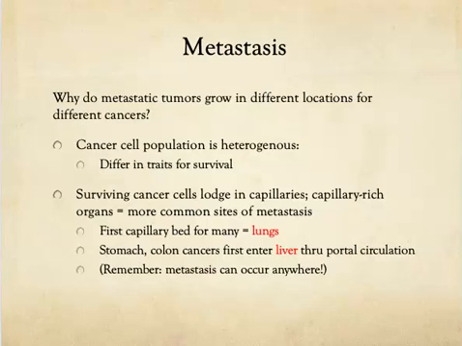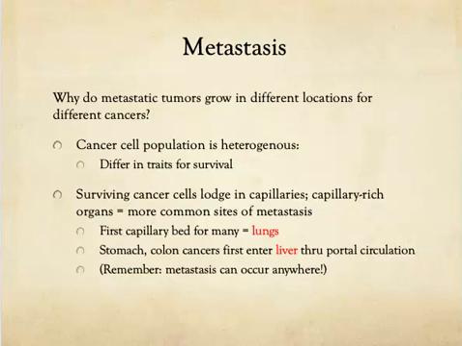Each cell within a tumor is going to be slightly different from all the other cells. Remember, they're gaining mutations with each round of cell division, and they're not all gaining the same mutation. So different cells that shed off of a primary tumor are going to have different survival traits. Some of them are going to make it farther away from the primary tumor than others will.